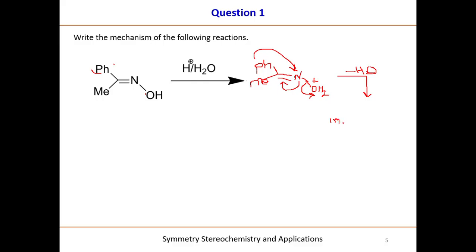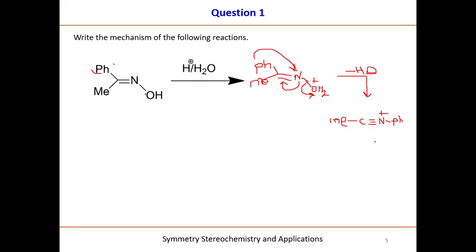Here methyl carbon, I am talking about this carbon atom, triple bond nitrogen, and nitrogen now has a substituent which is phenyl. Positive charge will come on this nitrogen atom. Okay. So this is a nitrilium ion. This is called the nitrilium ion.